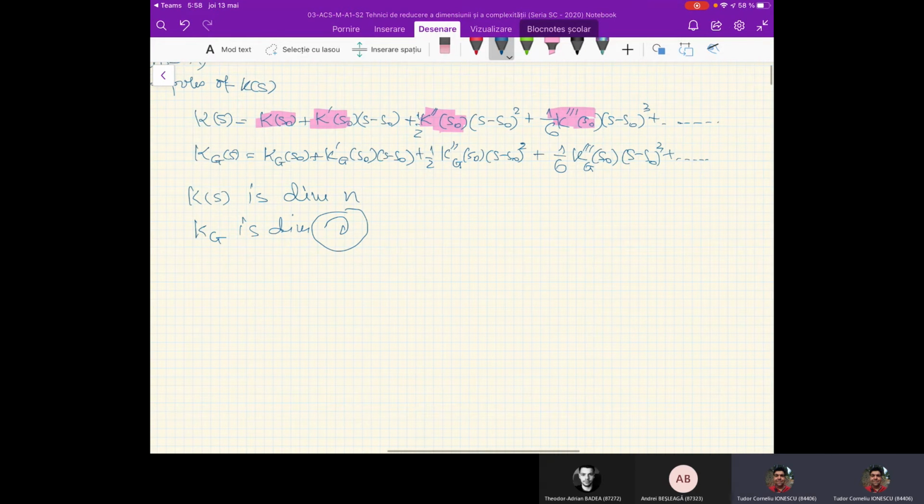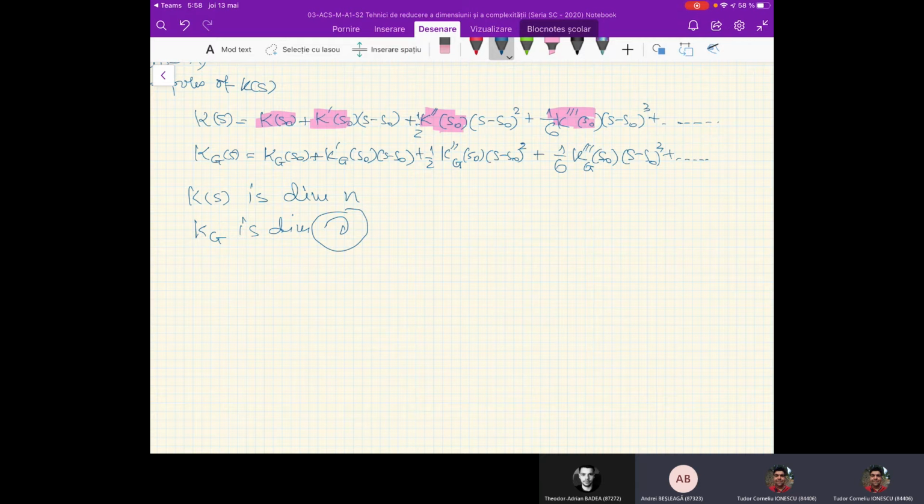Okay, do you have an idea? You cannot ask KGS to be equal to KS for all S. You cannot do that, can you? No, because they have different dimensions.